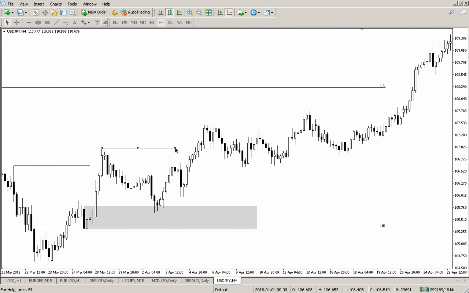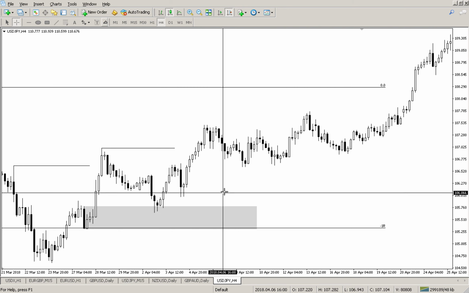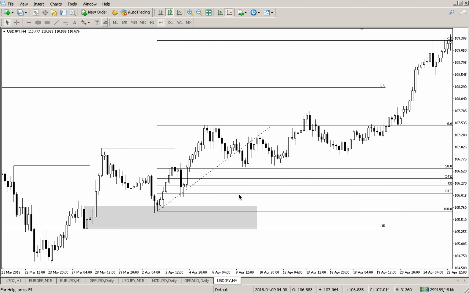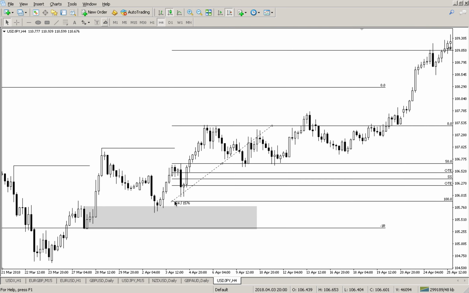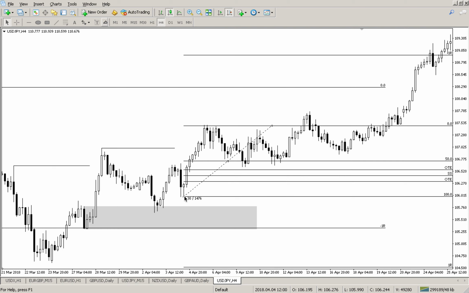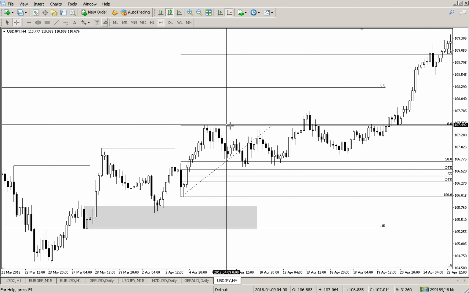Price has now created a new structure high. Where would we draw our Fibonacci level from? Would we draw it from this structure low to that structure high, or from that structure low to that structure high?